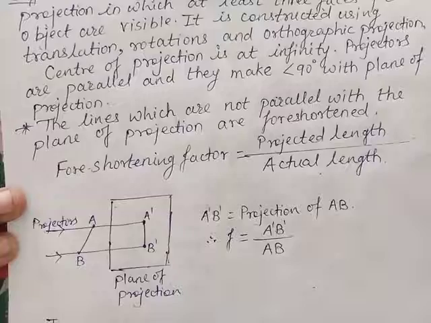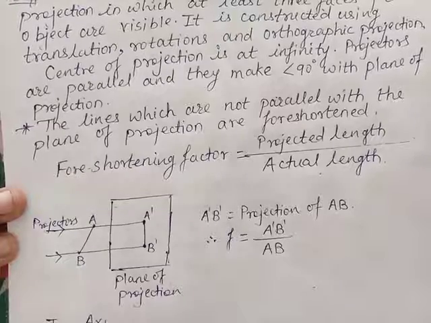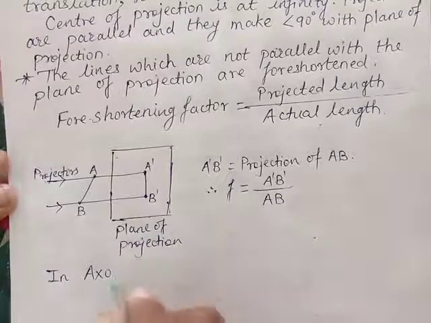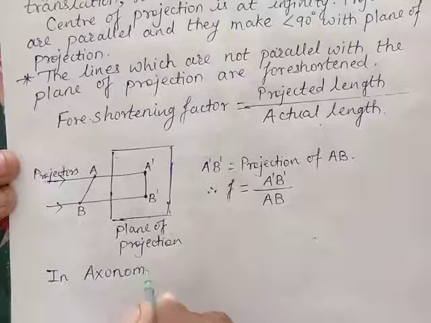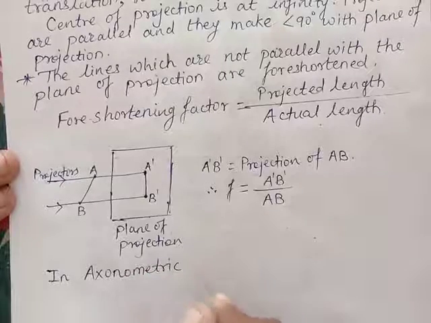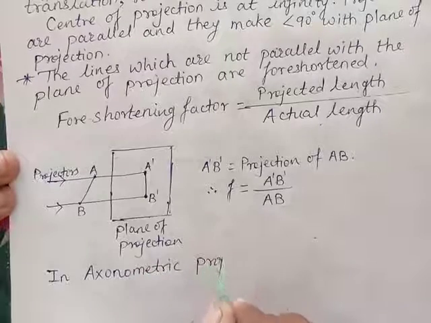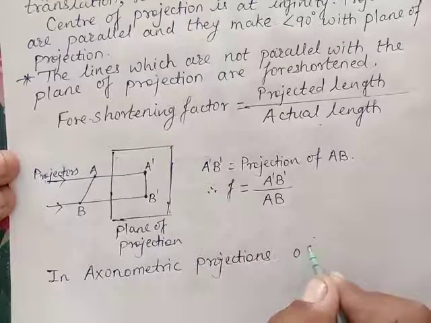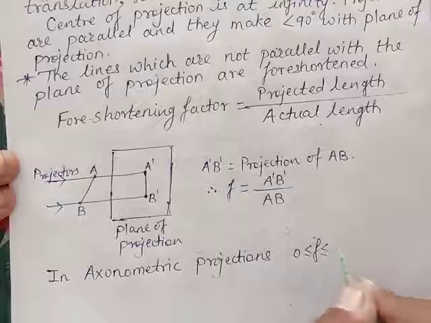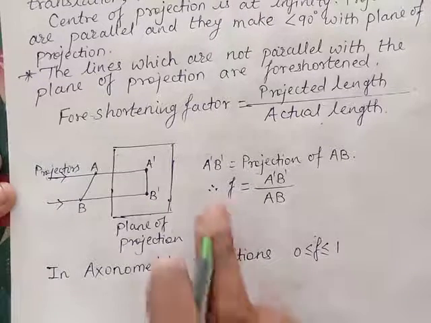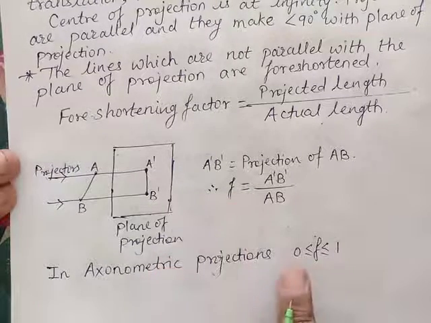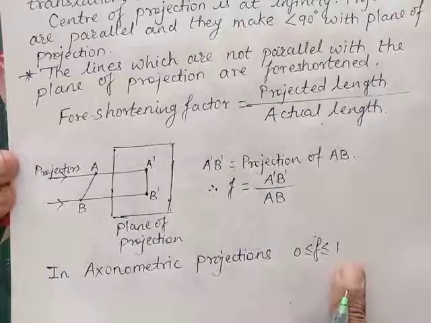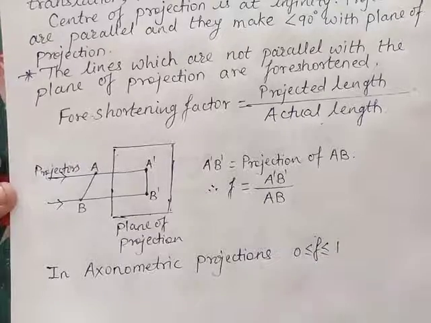Also, in axonometric projections, 0 less than or equal to F less than or equal to 1. This F, the foreshortening factor, always lies between 0 and 1, or it may be 0 or it may be 1.